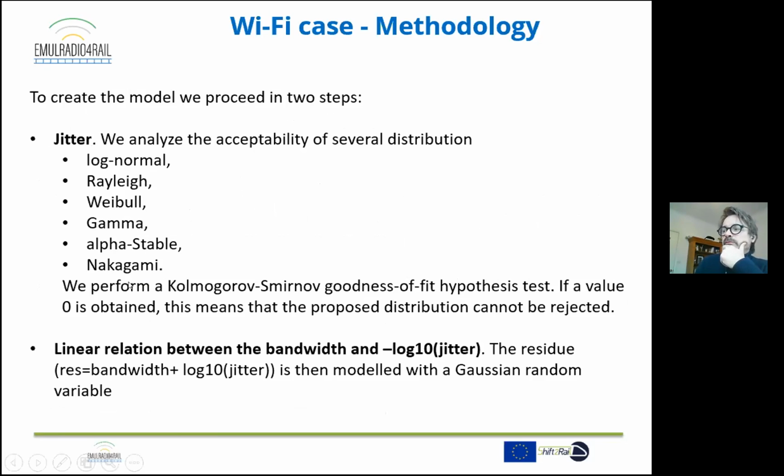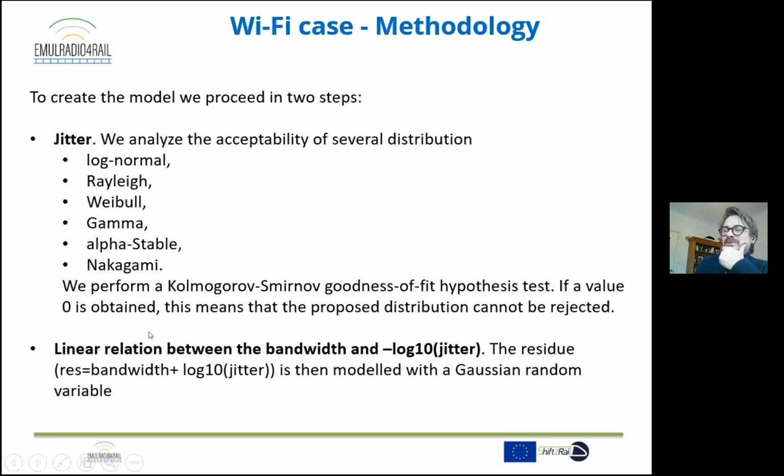Then we perform a Kolmogorov-Smirnov goodness of fit test, just to check if the distribution we propose fits the data. It's one of many other tests that could be applied. We can discuss that also. And if a value of 0 is obtained, this means that you cannot reject the proposed distribution. I'm not sure you can accept it, but you're on the good way.